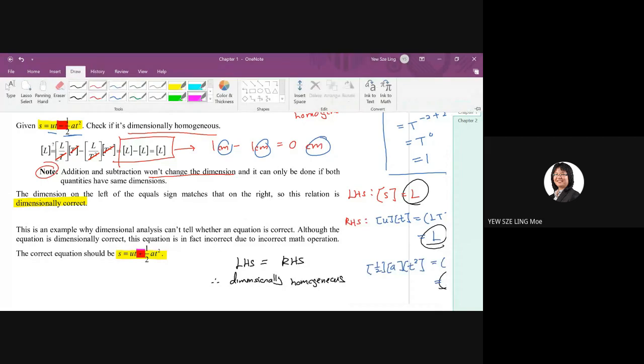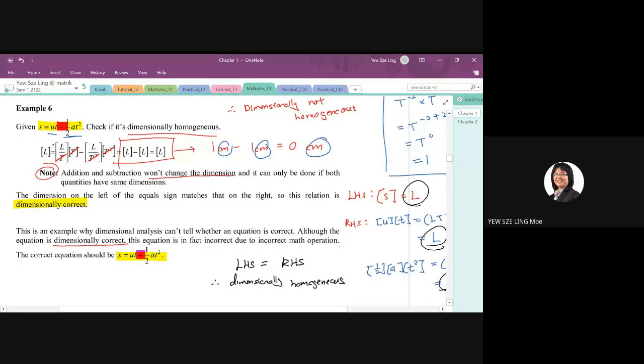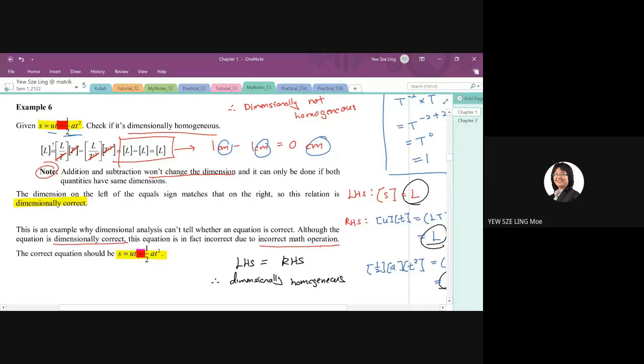It can only tell you whether the dimensions are equal or not, homogeneous or not. Although the equation is dimensionally correct, it is in fact incorrect due to an incorrect mathematical operation, which is the sign convention. The correct equation should be plus.